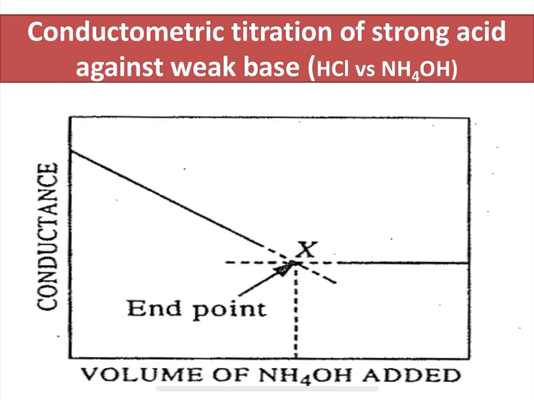Once the equivalence point or end point is reached, the ammonium hydroxide is going to accumulate. Accumulated means there is no hydrochloric acid left to react with ammonium hydroxide. All the hydrochloric acid has been converted into ammonium chloride. So if we continue adding ammonium hydroxide to the beaker and measure the conductance, since ammonium hydroxide is a weak electrolyte, we will observe constant conductance.